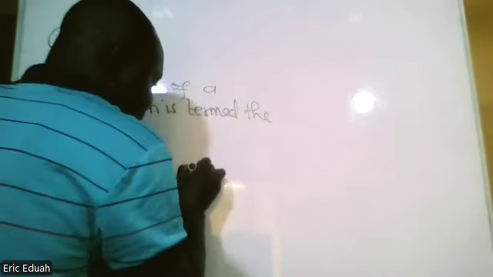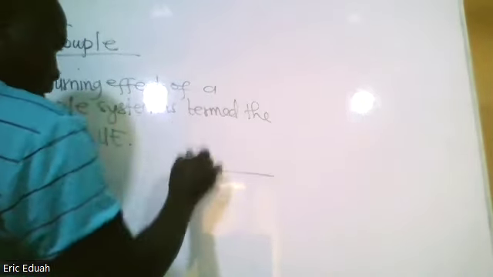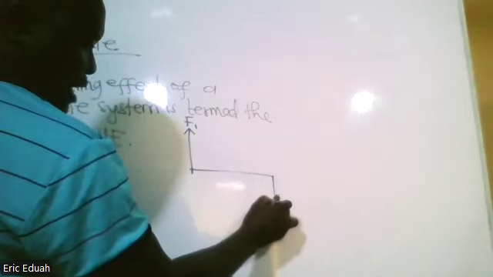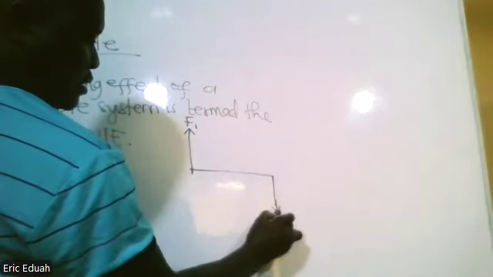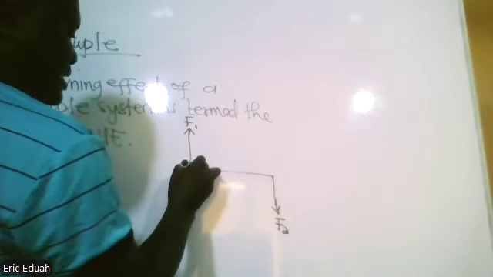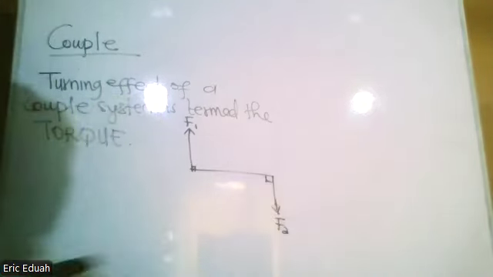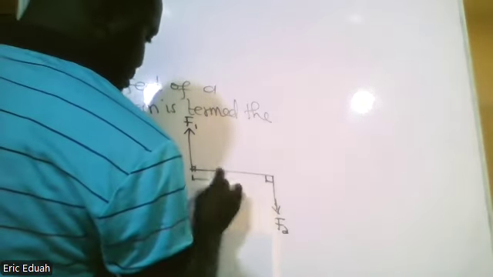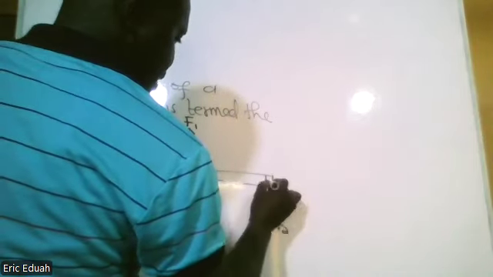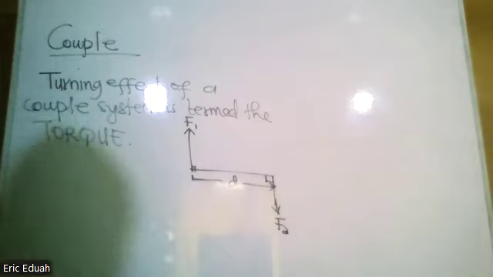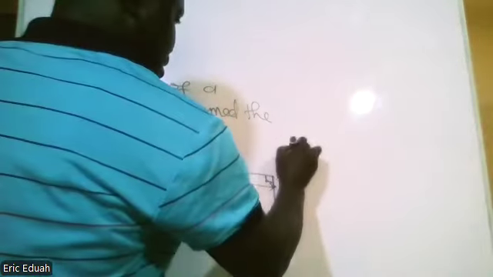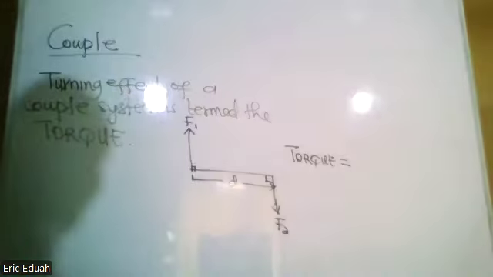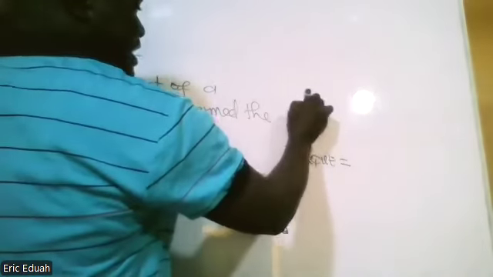So if this is a common line, force F1, force F2, and the perpendicular distance between them, each of the forces must be perpendicular to this distance D. Then the turning effect produced, which is the torque, can be calculated by, you see, the two forces have the same magnitude.